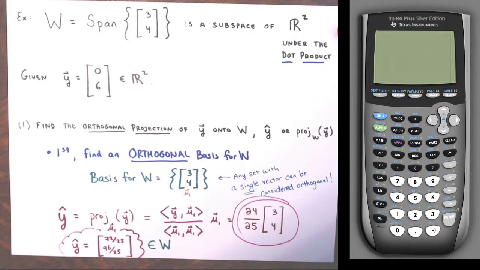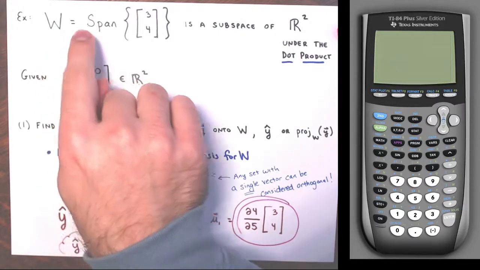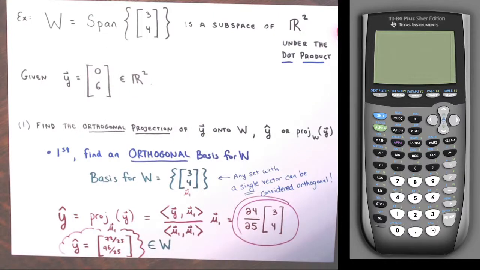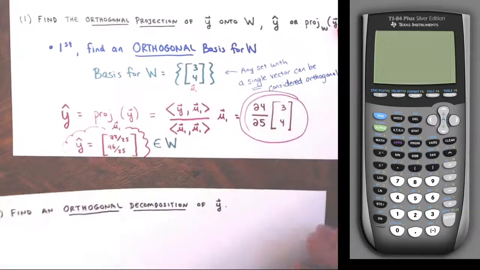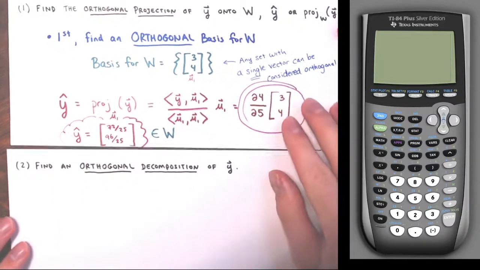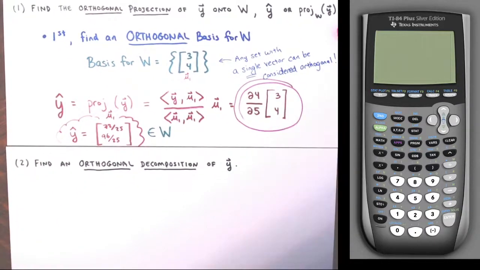Now what I want to find is a vector in the orthogonal complement of W such that this vector plus this orthogonal complement vector gives me y back. So that's the orthogonal decomposition. Find an orthogonal decomposition of y.